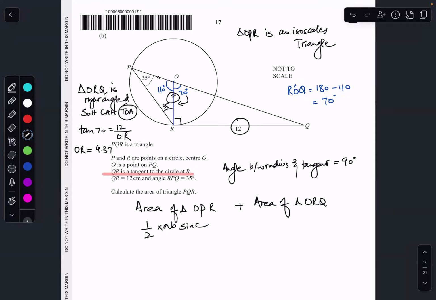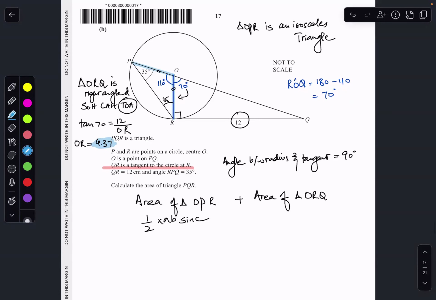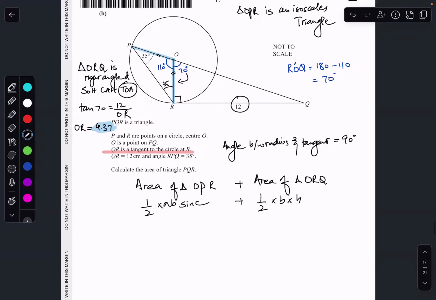If this side OR is 4.37, that means OP is also 4.37. So we have two sides given to us and an angle in between, 110. And for the right angle triangle, I'm going to use half base times height.